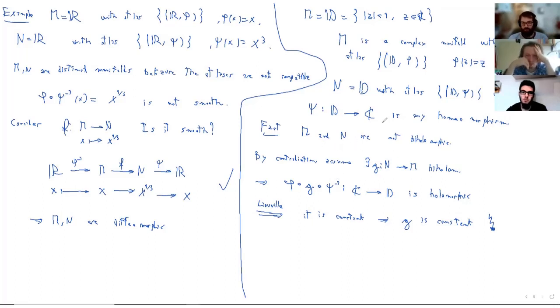And these are not biholomorphic, because if you have a map from the second disk to the first, then in the charts this is actually a holomorphic map from C to D. And bounded holomorphic maps are constant. This you know. So if this is constant, then G is constant, so it's not a biholomorphism.